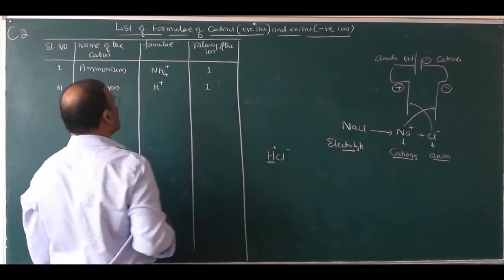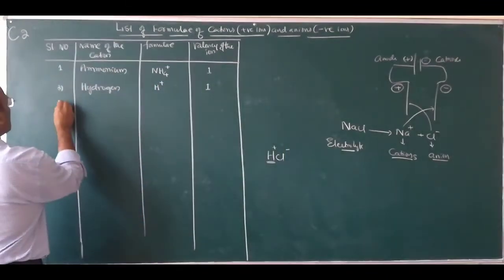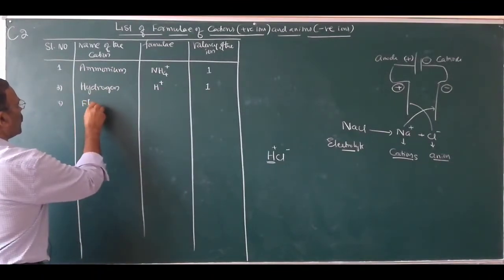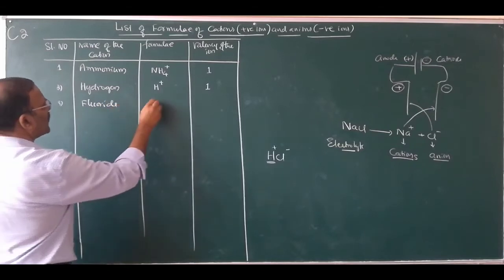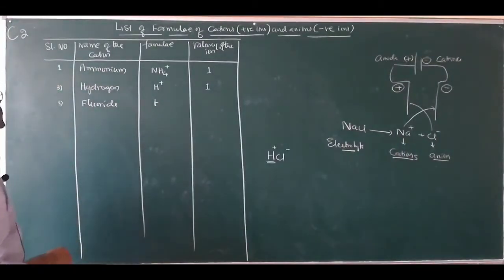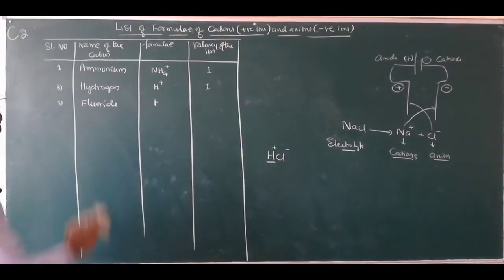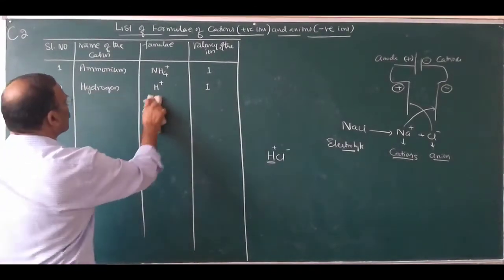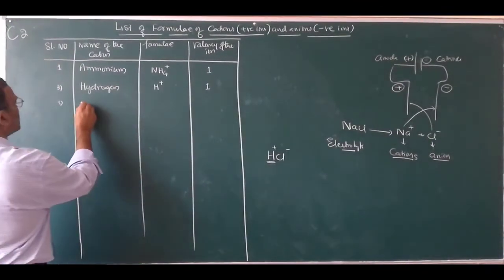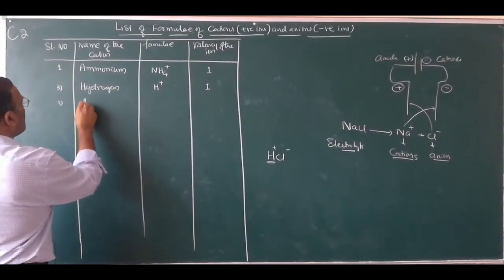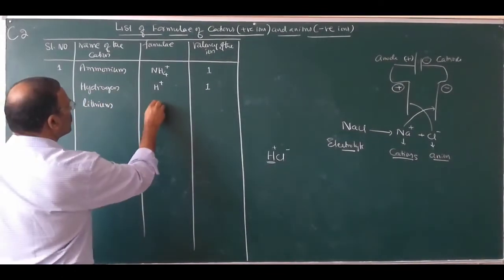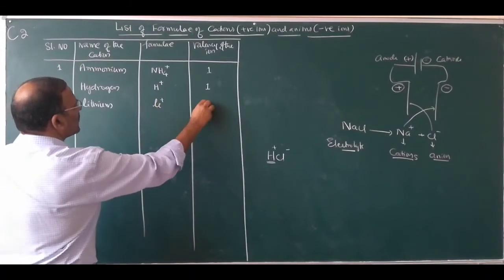Third one is fluoride, F minus. Next, the third cation is lithium. So Li plus.